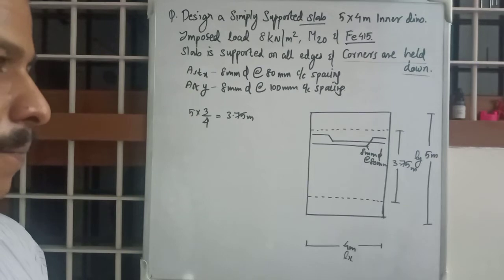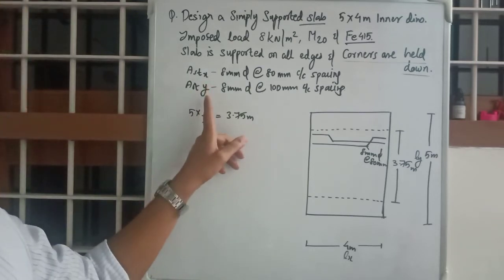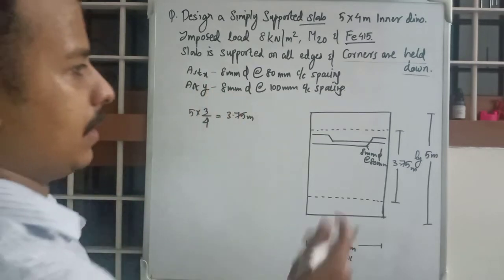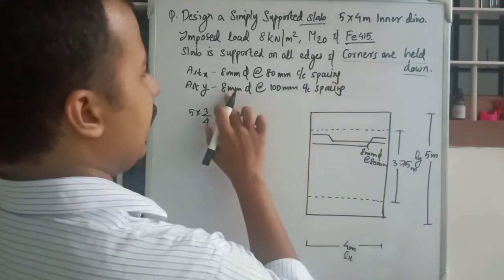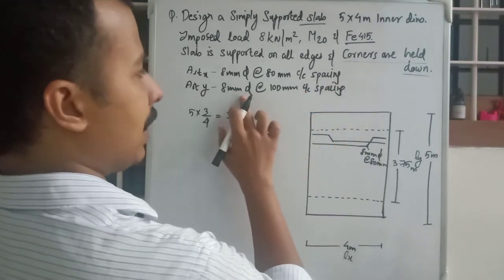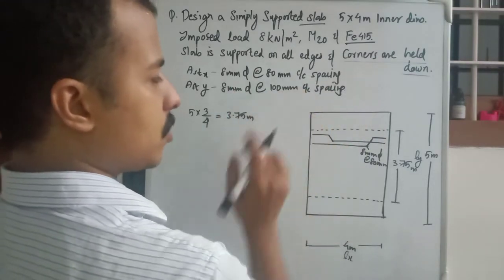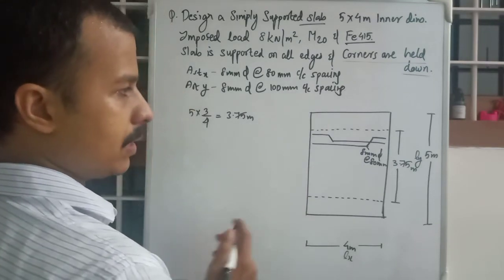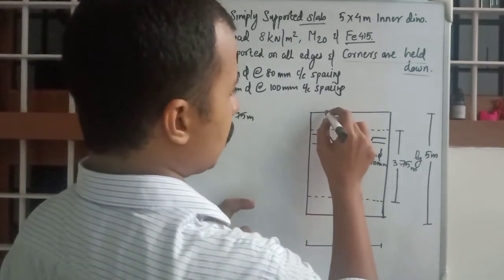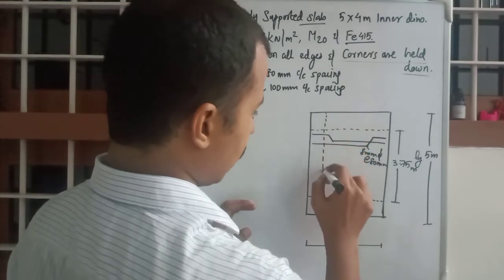I hope it's clear. And what will be ASTY along Ly direction? 8 mm dia bars at 100 mm centered spacing. It will be provided along the midspan in this direction.